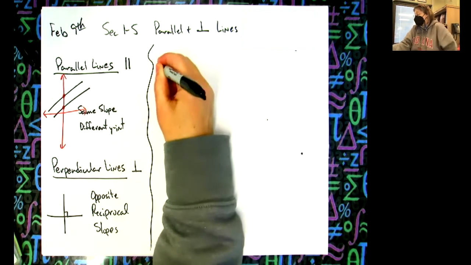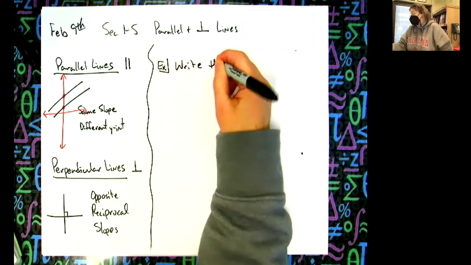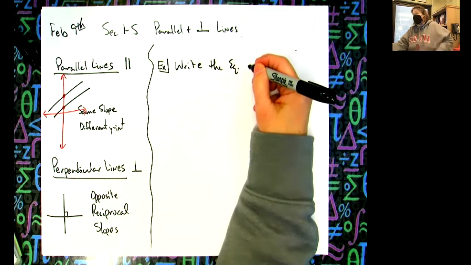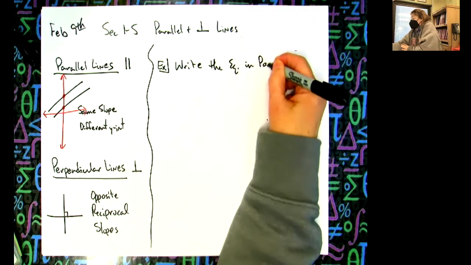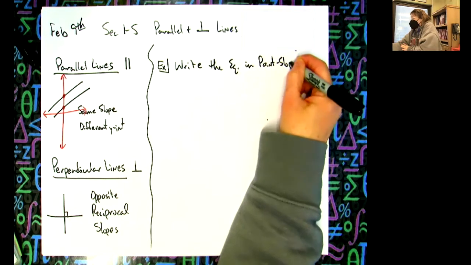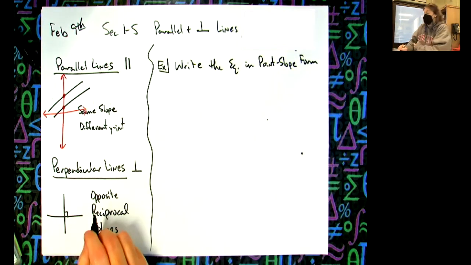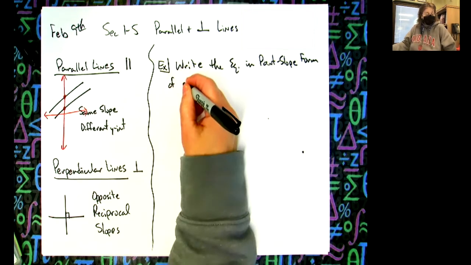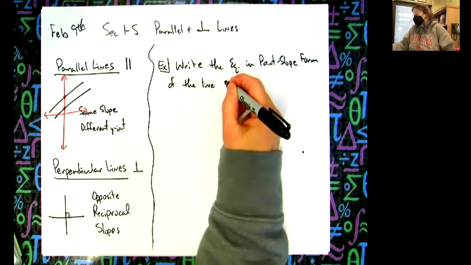Okay, so let's suppose you do something like: write the equation, and then they might give you the specific form, like in point-slope form. So that tells you what form your answer should be in. Write the equation in point-slope form of the line. And then they're either going to say parallel or perpendicular. So we'll start with parallel.